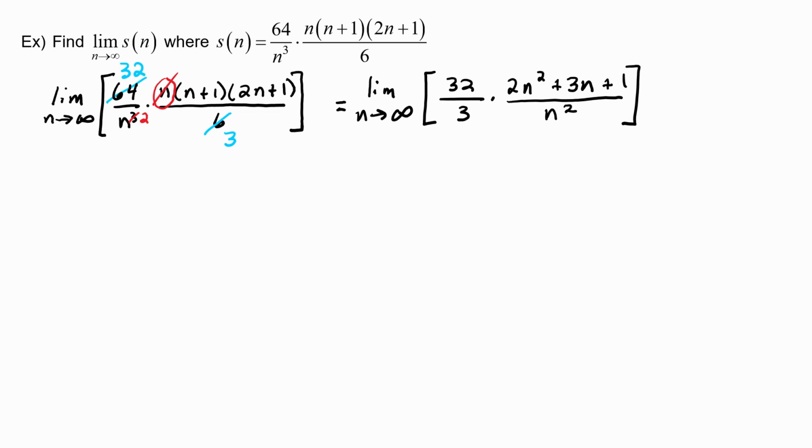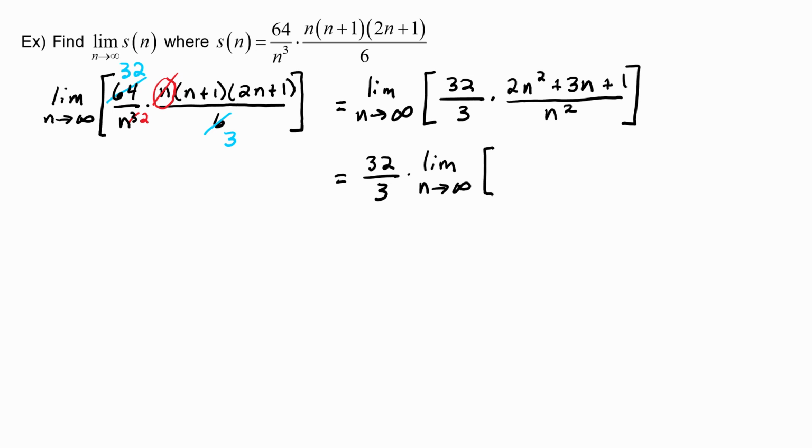Now remember from chapter 1 that if I have a constant inside the limit, that constant can get pulled out front. So let's do that, and we'll have that 32 over 3 that we write out front, and then that will be times the limit as n goes to infinity of this expression inside.